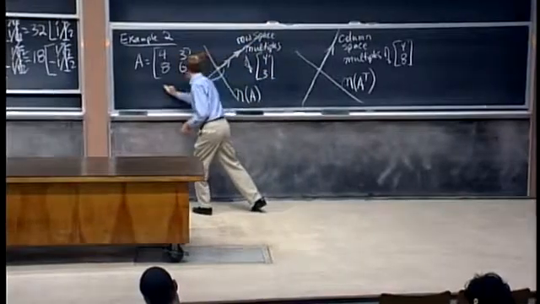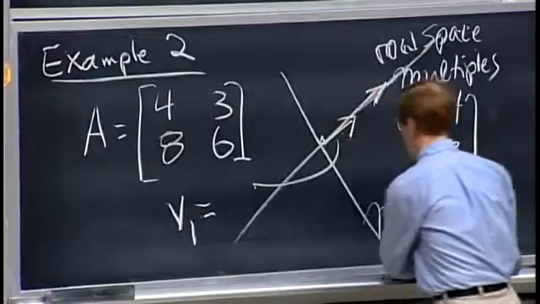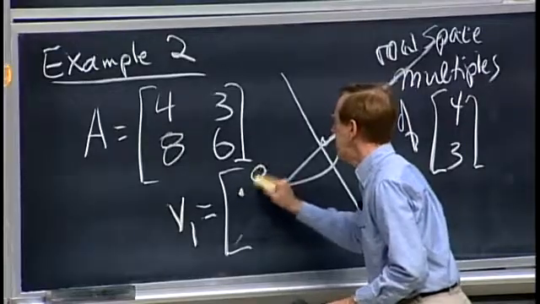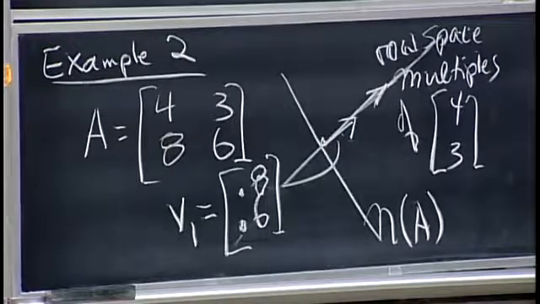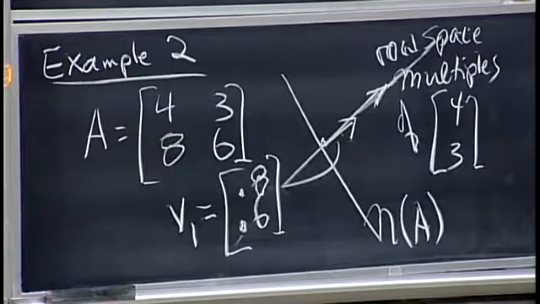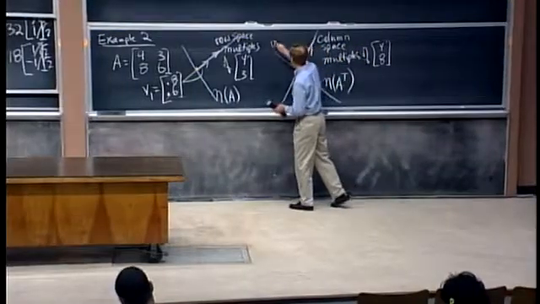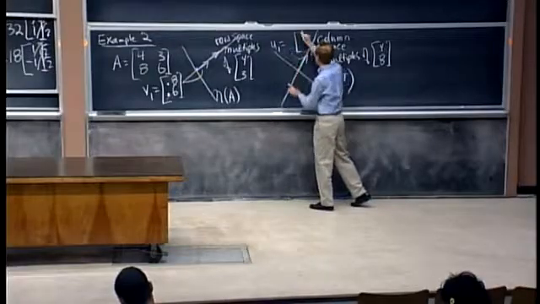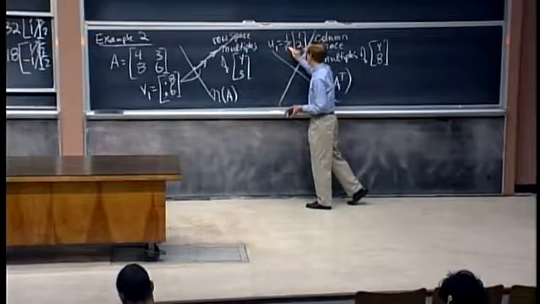So V1 will be this vector, but made into a unit vector: 0.8, 0.6, 4/5, 3/5. And what will be U1? U1 will be the unit vector there. So I want to turn 4, 8 or 1, 2 into a unit vector. If it's 1, 2, then what multiple of 1, 2 do I want? That has length square root of 5, so I have to divide by square root of 5.